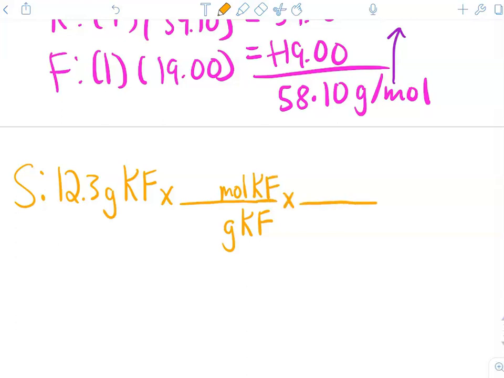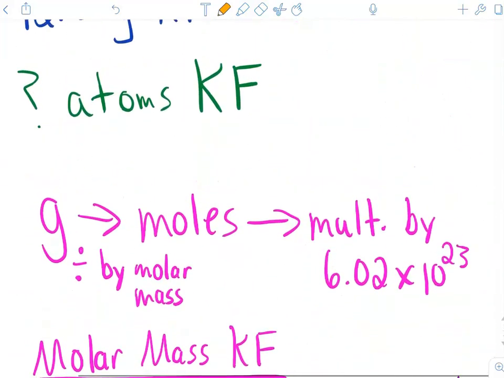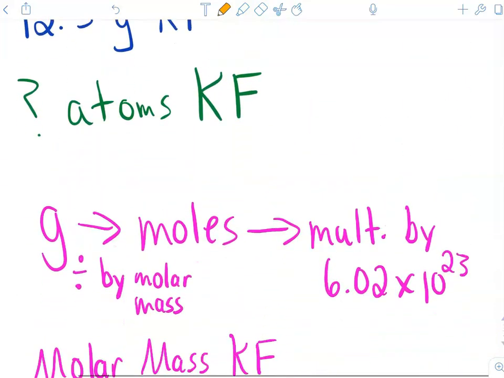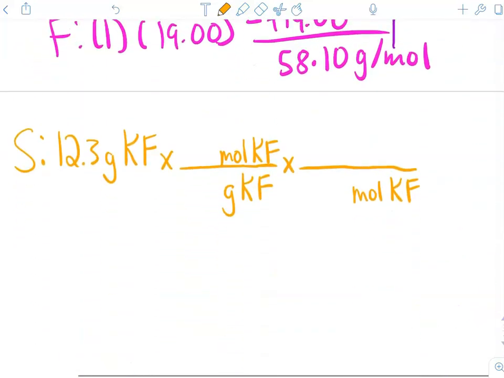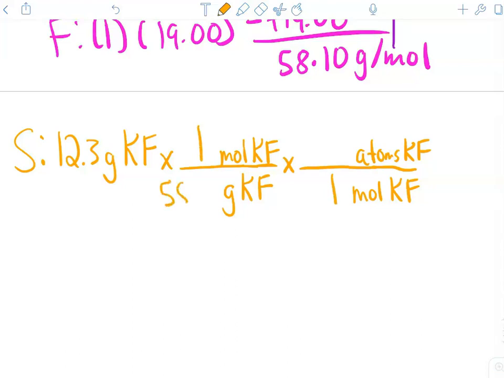Then, if mole of KF is on the top, mole of KF has to be on the bottom. And then what I'm trying to ultimately get to, which is in this case atoms, will go on the top. Okay, and then we fill in. So the 1 will always go with the mole for what we're doing right now. 58.10 will go here, and then 6.02 times 10 raised to the 23rd will go here.